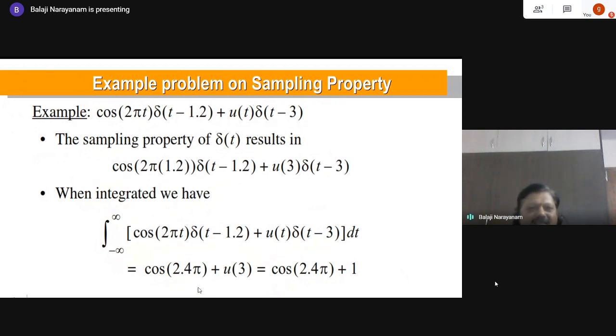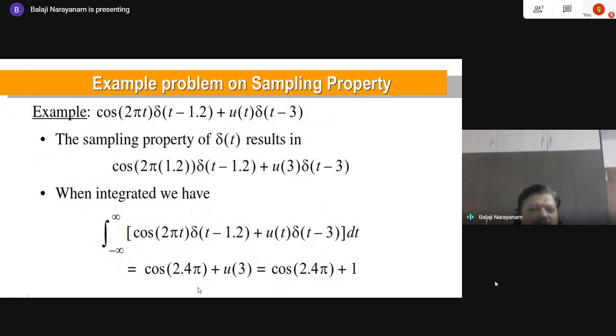Now let us take an example problem on the sampling property. Try to understand the given equation. We are given cos of 2 pi t delta of t minus 1.2 plus u of t delta of t minus 3. Of course, we are going to discuss this u of t shortly. For the time being, we will take the sampling property of delta t.